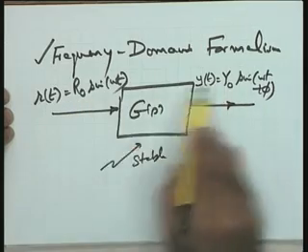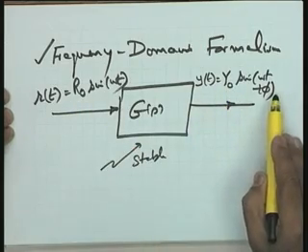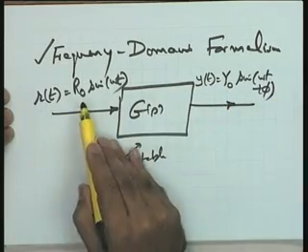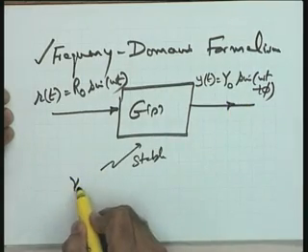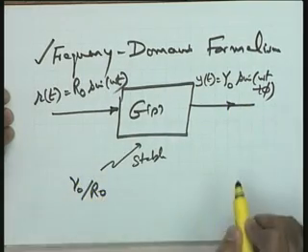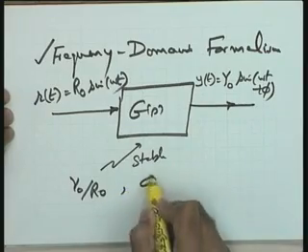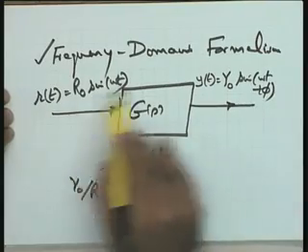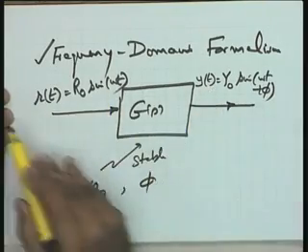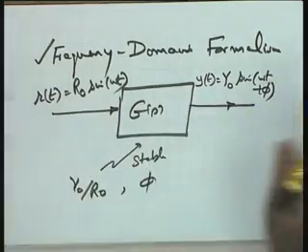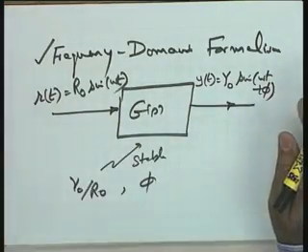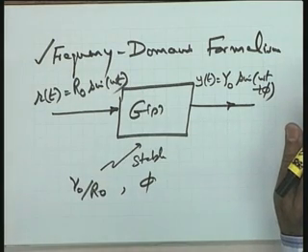The only change is in the amplitude and the phase angle. So if I give you the amplitude ratio Y naught over R naught and the phase angle phi, for different values of omega, the sinusoidal frequency, you have got the complete input output picture of the system as far as steady state sinusoidal response is concerned.